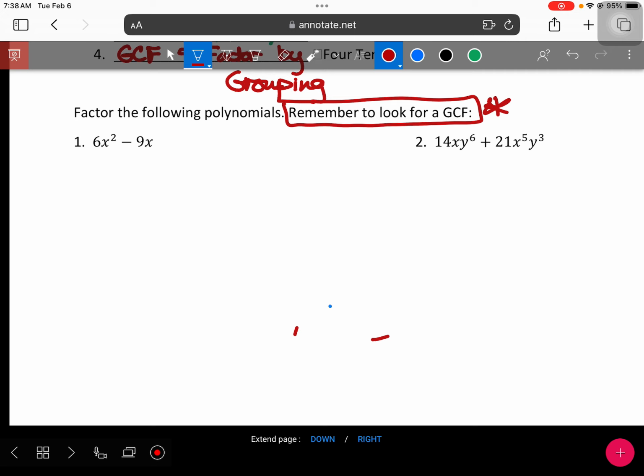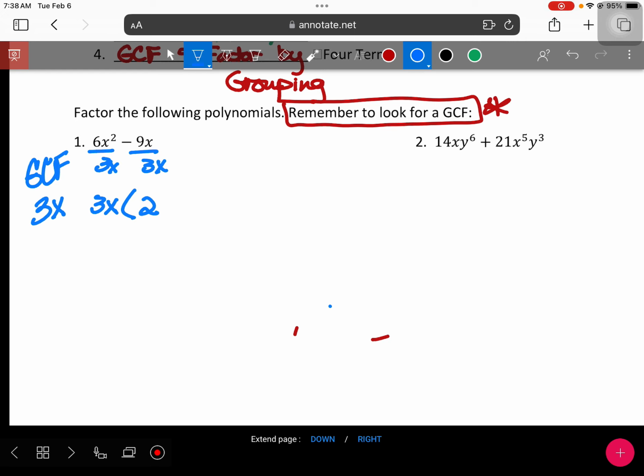All right, so 6x squared minus 9x. Do I have a greatest common factor? Yes, and what would it be? 3x. So you can either show it to me here, or if you are past that point, you can bring it out front and say 6 divided by 3 is 2.